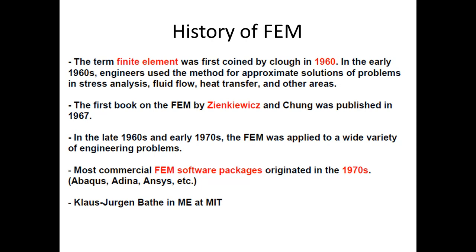So in 1960 and earlier, engineers only tried to get solutions of the complex problems of stress analysis, fluid flow and heat transfer, right? The first book, written by Zienkiewicz and Cheung, was published in 1967. So in the late 1960s and early 1970s, FEM was applied to a wide variety of engineering problems, right?